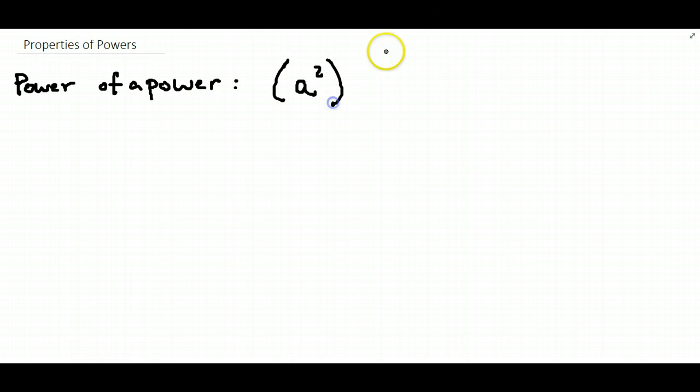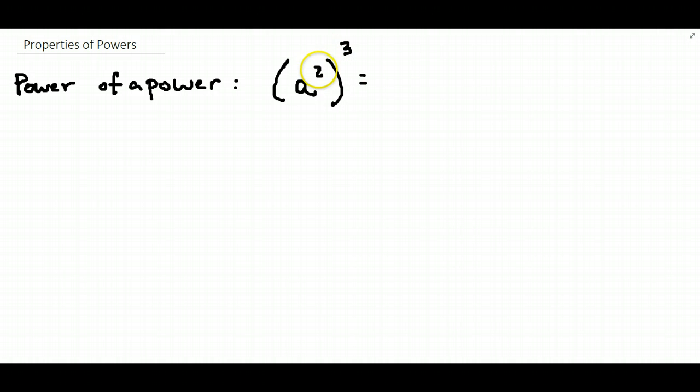Now let's look at properties of power. The first one we're going to talk about is the power of a power. What does this mean? You're raising a power to a power. For example, we have open parentheses, a to the 2nd, closed, raised to the 3rd power.